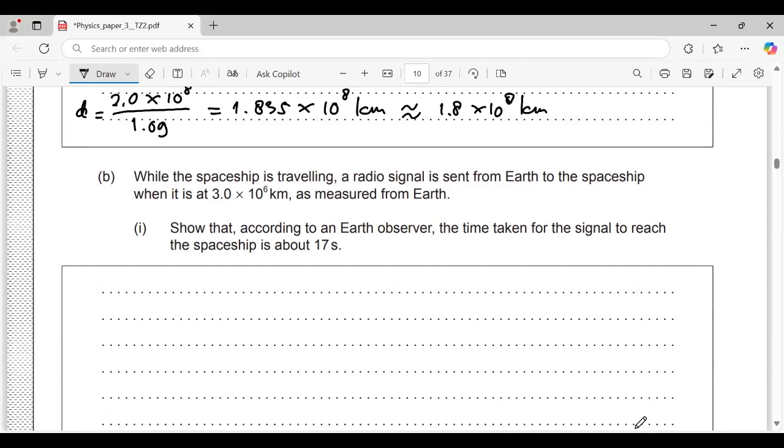The effective speed of the radio signal from the perspective of an observer on Earth, I'm going to use the term VE.